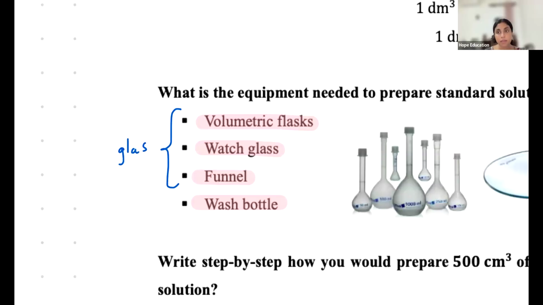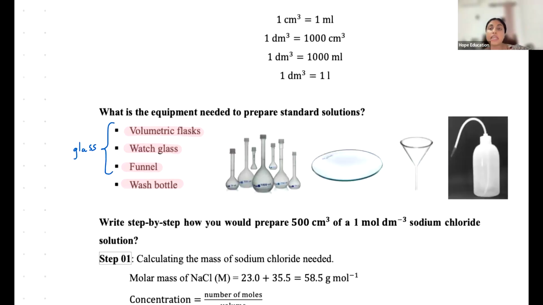We will be doing lots of past papers, and in July we are going to start past papers. When we are doing past papers, you will see that they ask what glass equipment you need to prepare standard solutions. Then you can only write volumetric flask, watch glass, and funnel. Okay.